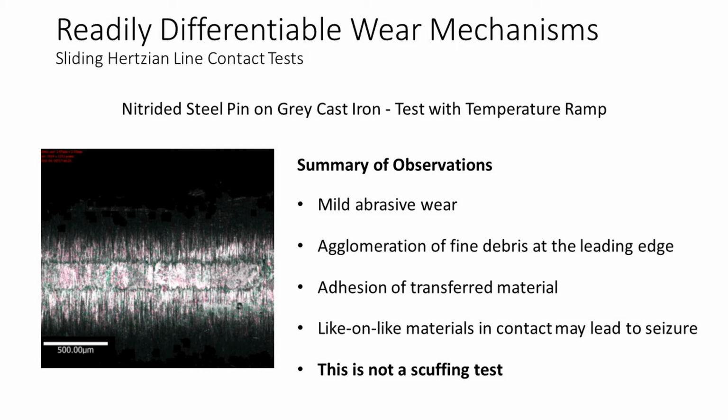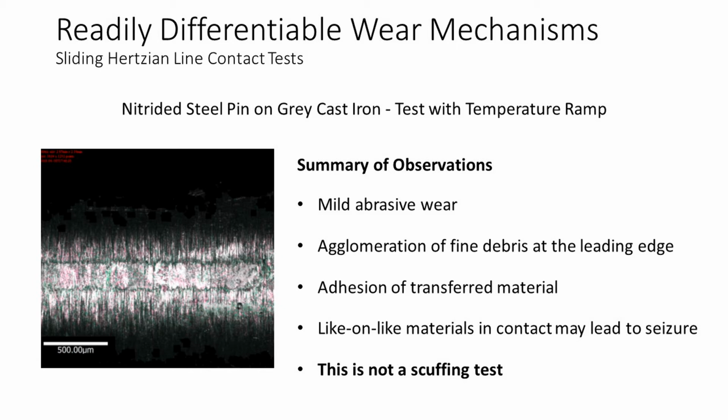Mild two-body abrasive wear, as a result of specimen material hardness and roughness, leads to accumulation of material on the moving specimen, as well as at the end of the stroke on the plate specimen. Although this may eventually lead to seizure between the transferred material on the moving specimen and the source of the transferred material, the fixed plate, this is not an example of an adhesive wear mechanism.